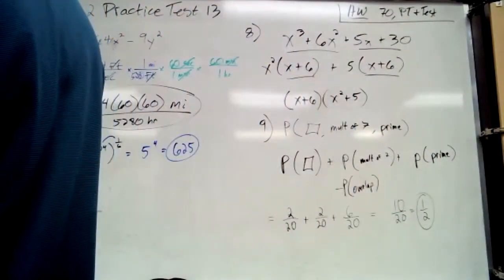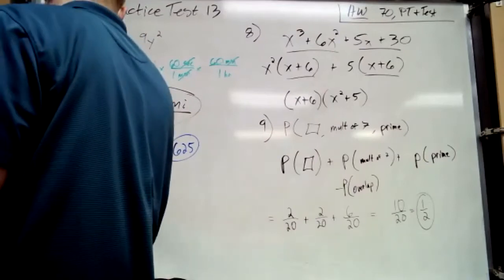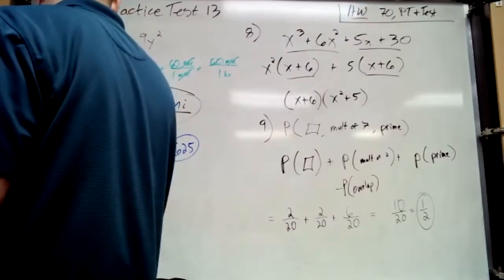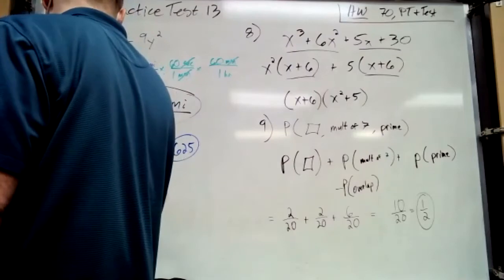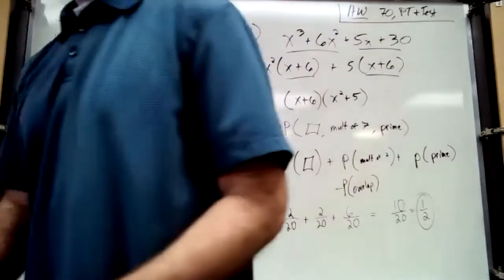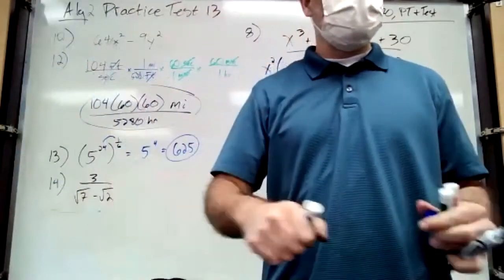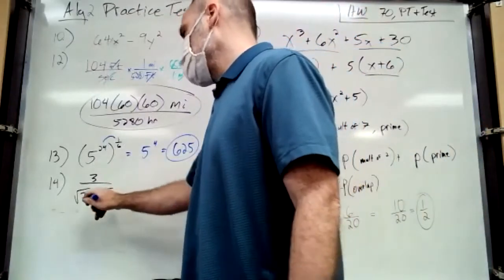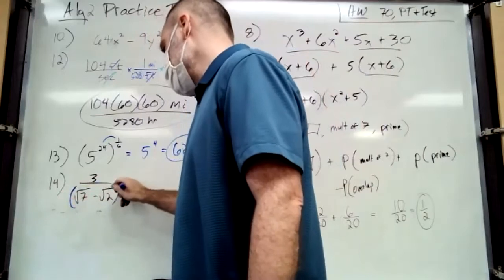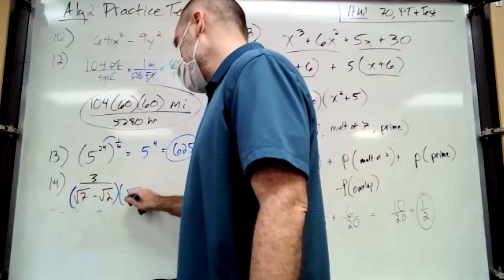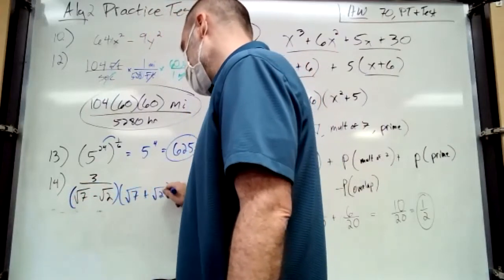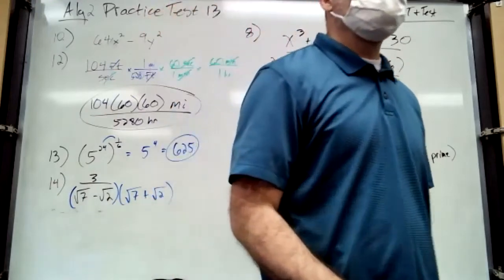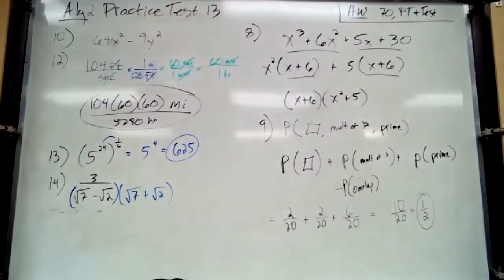Okay, number 14. So I see radicals in the denominator. What do we do? You just add a radical to the bottom, or square it. You can't just square it, because if you square it, it won't help you.